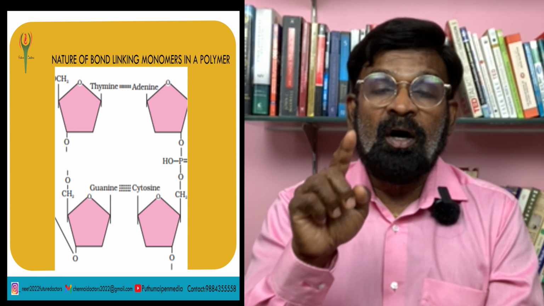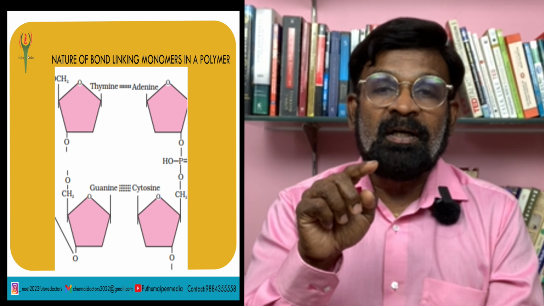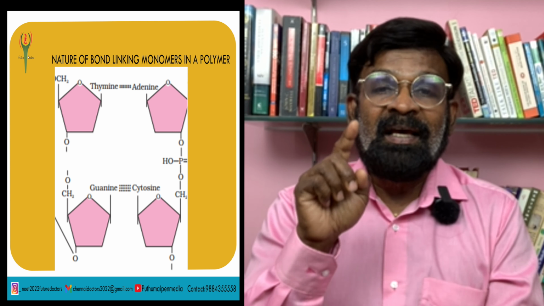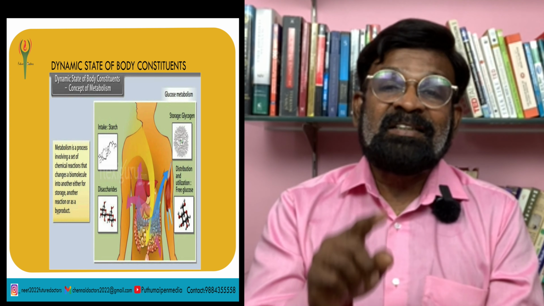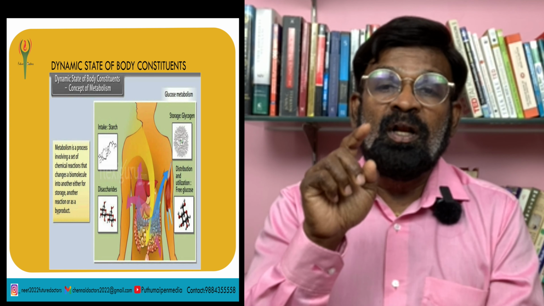The hydroxyl group of sugar forms an ester compound. As there is one such ester bond on either side, it is called a phosphodiester bond. Next slide.